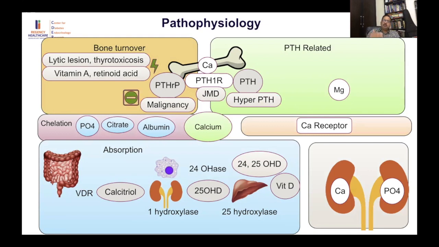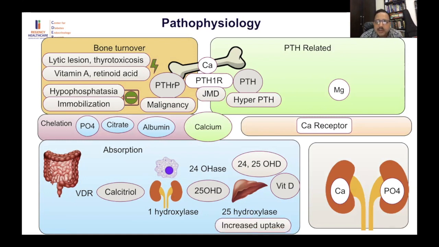On the other hand, if the bone formation is impaired in the setting of hypophosphatasia or immobilization, there will be less formation, more resorption, and therefore there will be hypercalcemia.